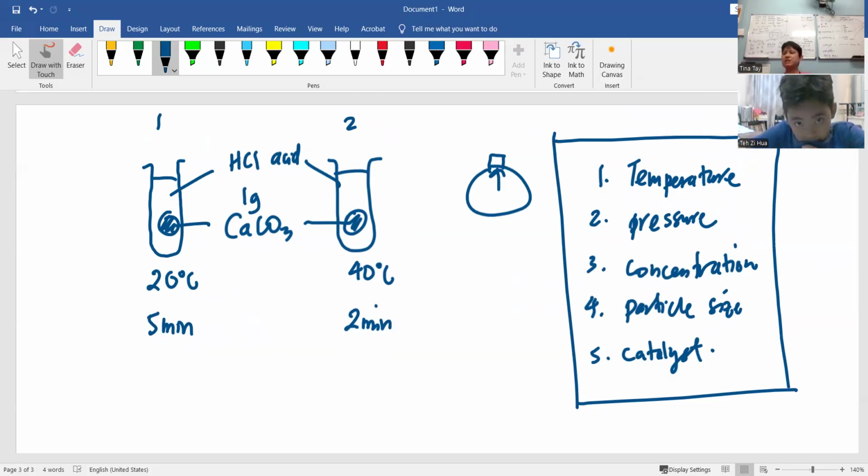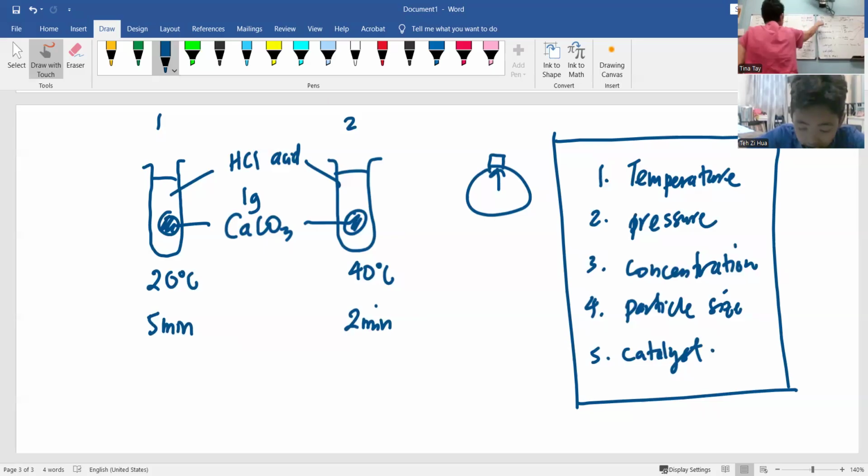If the temperature is higher, faster or slower? ZiHua, you're muted. Faster. If the pressure is higher, faster or slower? Faster. If the concentration is higher, faster or slower? Faster. Correct.